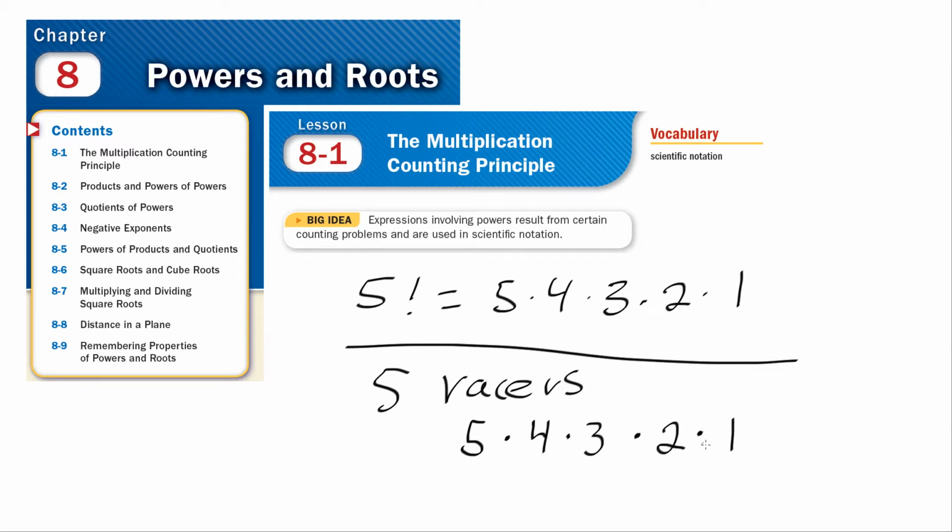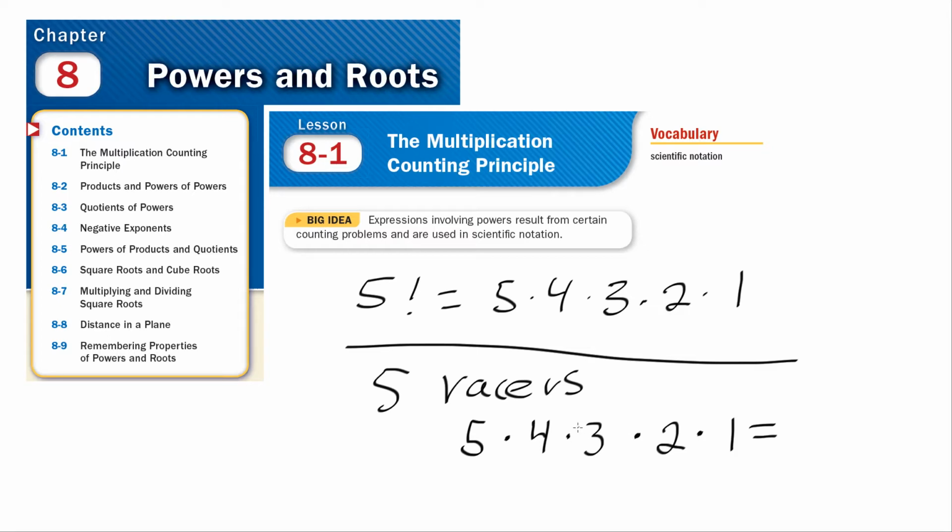So this is a multiplication counting principle type of problem. To know how many different permutations there are, we have to know how many choices there are for each category. We have 5 choices, then 4 choices, then 3, then 2, then 1. You can run the numbers and get your results, right?